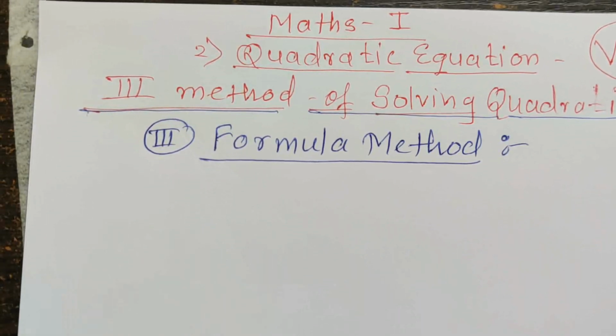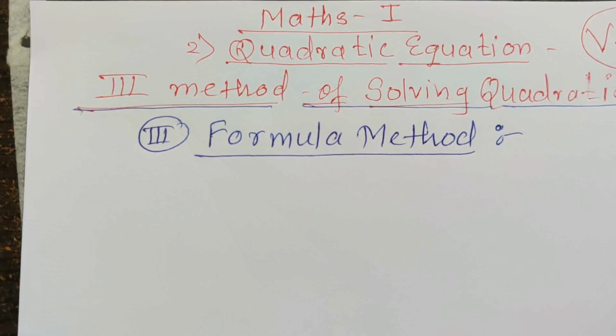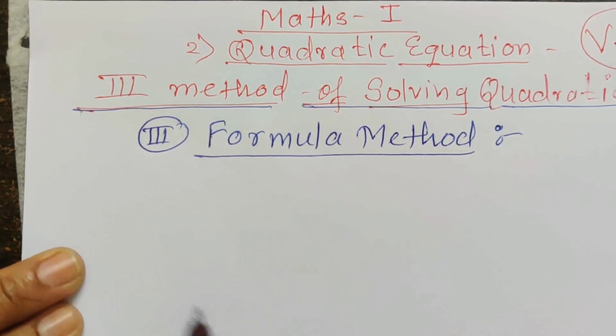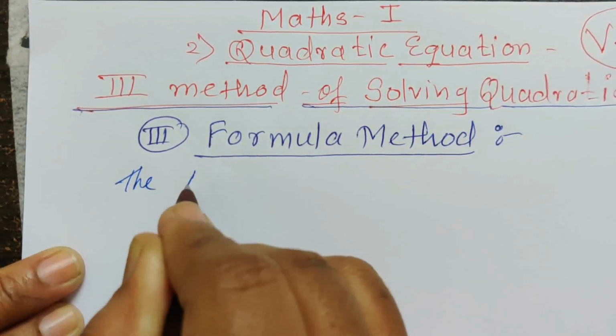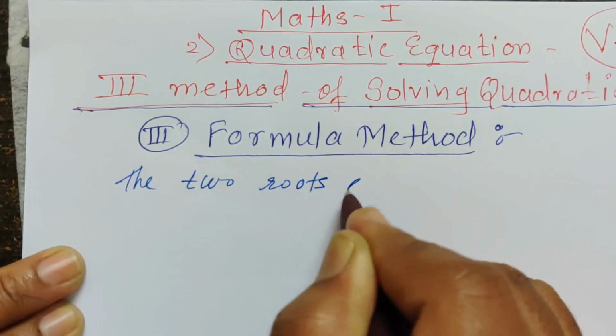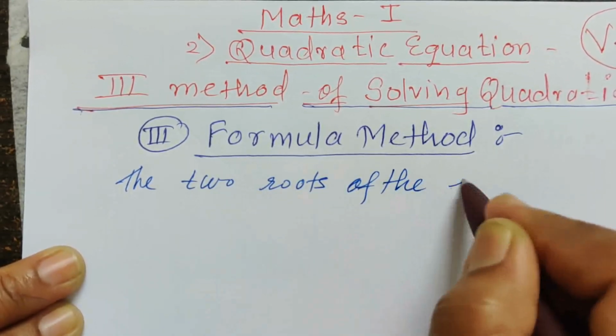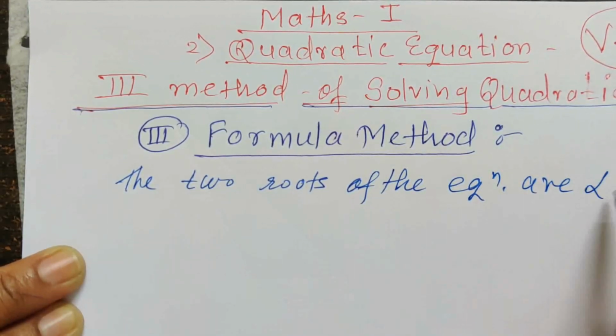See now, you know that till now maybe you understood every equation has two roots. So those two roots we will consider here. The first root is alpha and the second root is beta. So I am writing here the two roots of the equation are alpha and beta.